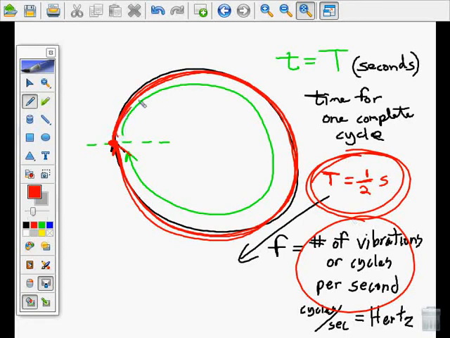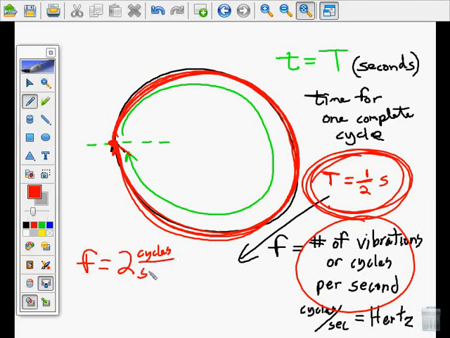If it goes all the way around in a half a second, that's its period. Okay. Then the question is, how many times does it go around in 1 full second? Riley? 2 hertz? Yeah. It has a frequency of 2 cycles per second. That means it goes around twice in 1 second.